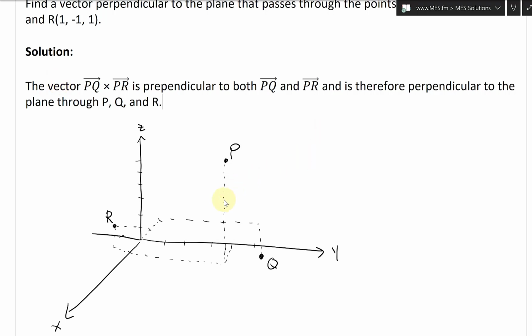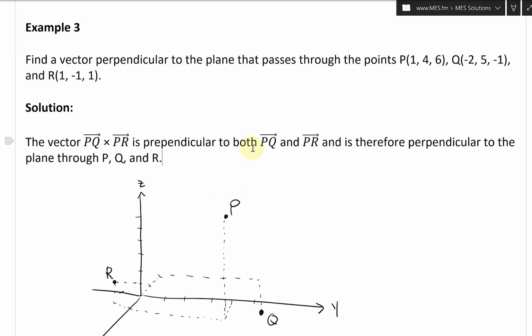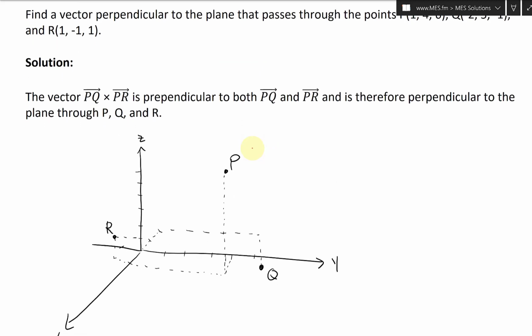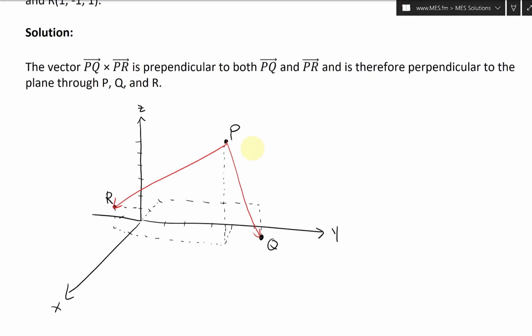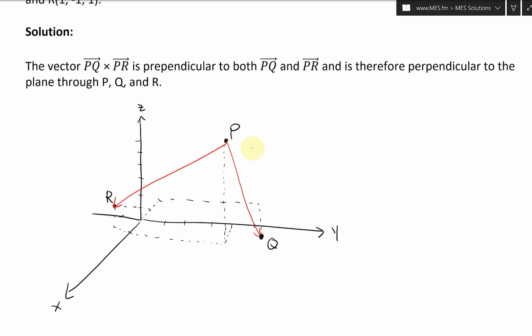Now, we want the vectors PQ and PR. I'm going to write this in red. PQ is like this. Actually, this isn't typically called PQ, but this is just a vector like this, and this is going to be the PR placement there. Then we're going to shift this over here.